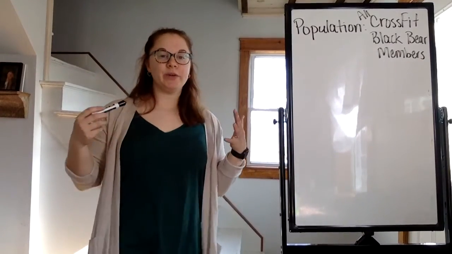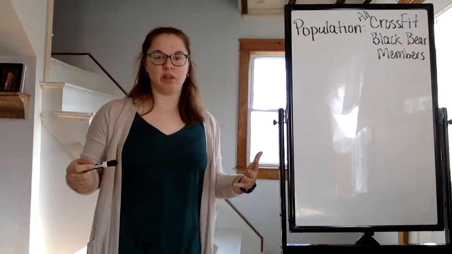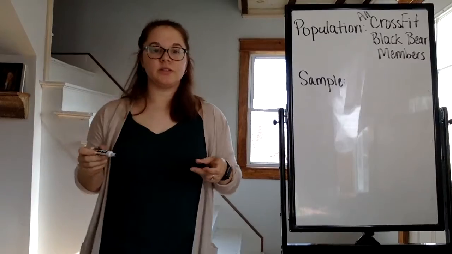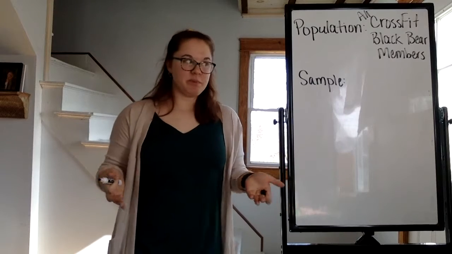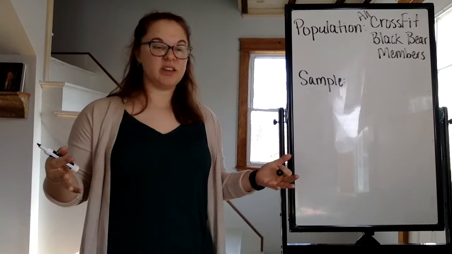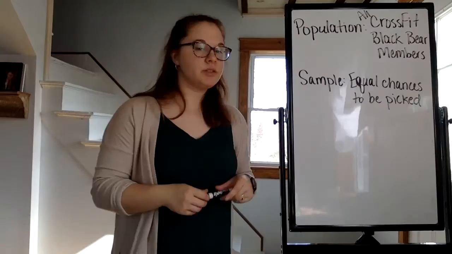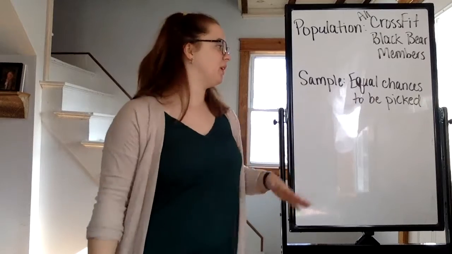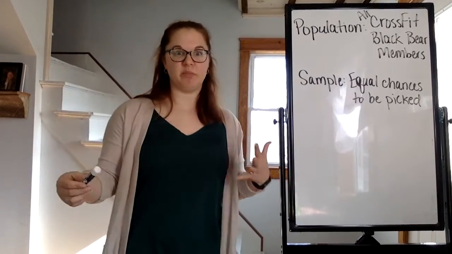So what would be a good representative sample of this population? How could we take a good sample? The sample would just be one that everyone has the same chance of getting picked. So next, how could we take a random sample where everyone gets an equal chance of being picked?